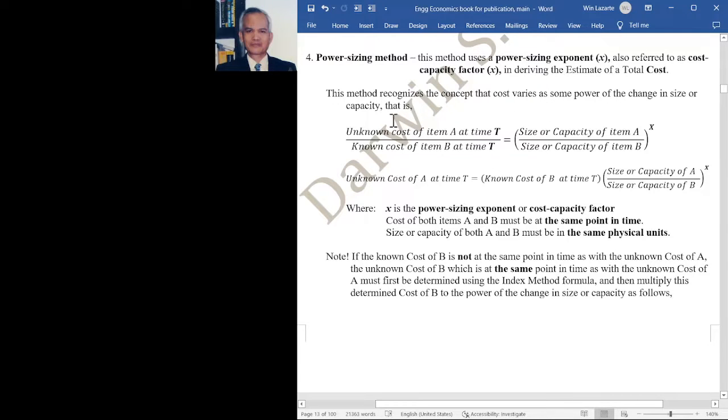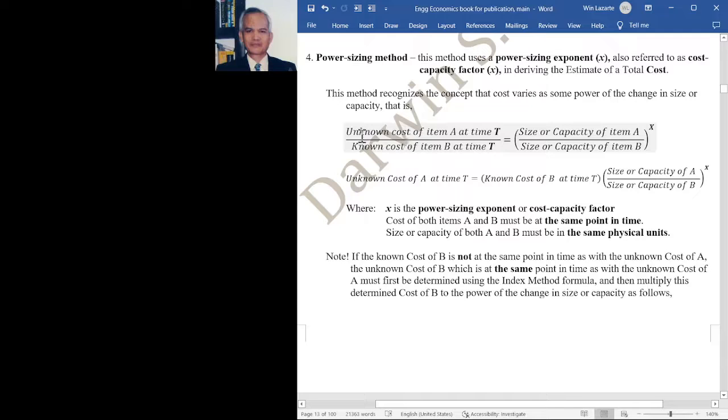Okay, and this method recognizes the concept that cost varies as some power of the change in size or capacity. That is, the cost varies as some power of the change in size or capacity.